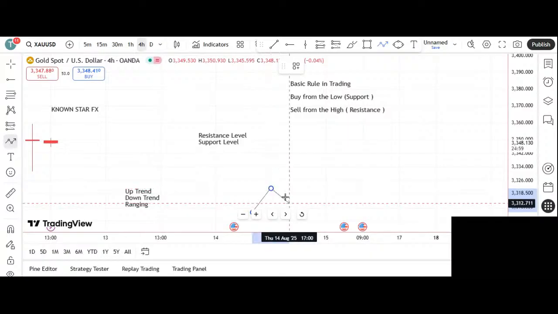So let's say the market moves this way. The market is trending this way.